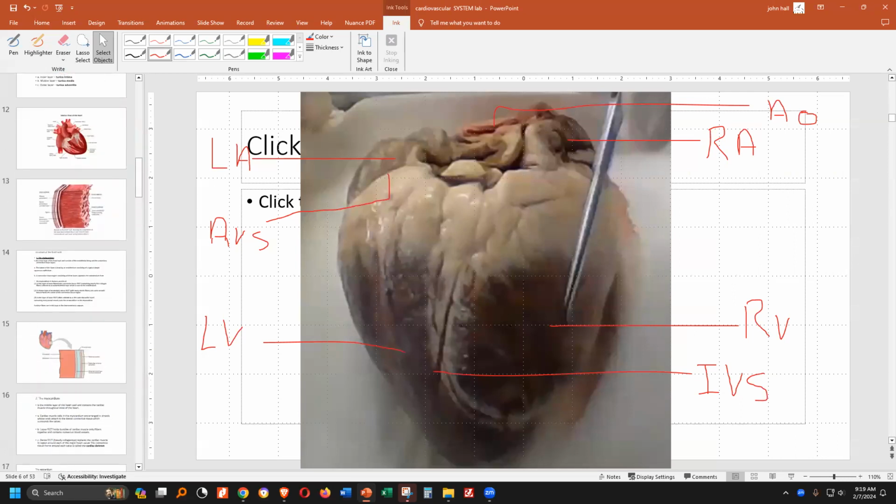Let me see if I have a drawing of the heart. Can I show you? Give me one quick second. So we're going to get one from online.